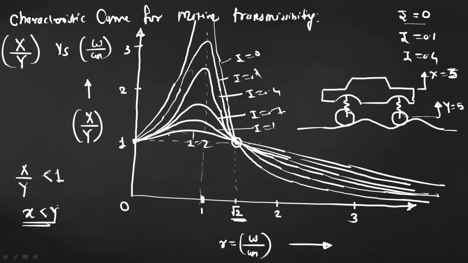If you observe this complete graph, you can see that if the frequency ratio is greater than square root 2, then the magnification factor or the transmissibility will be less than 1. Therefore, for design of the suspension, we should select the frequency region which is greater than square root 2.